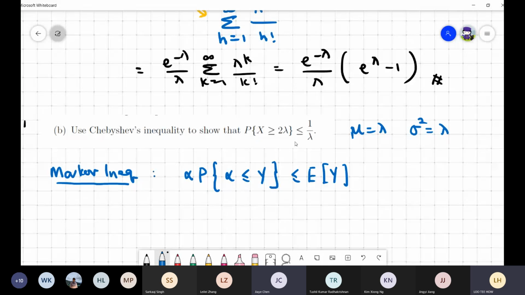So if you replace this alpha with g of alpha, where g is an increasing function, that will become your Chebyshev inequality. So actually, this can always be induced by the Chebyshev inequality. Next, what you need to do is manipulate this inequality here.